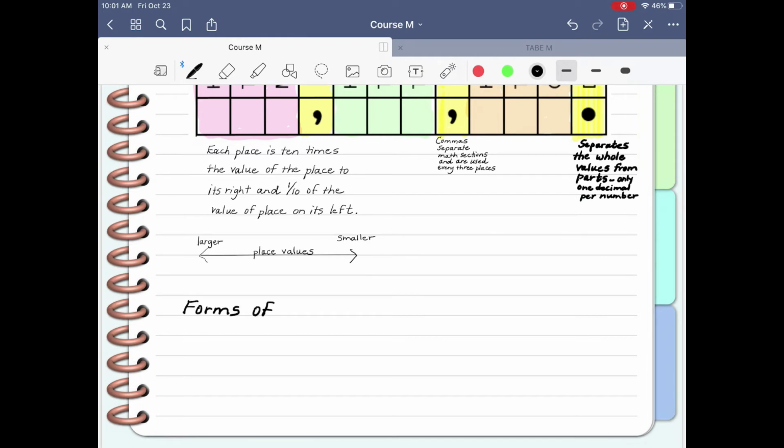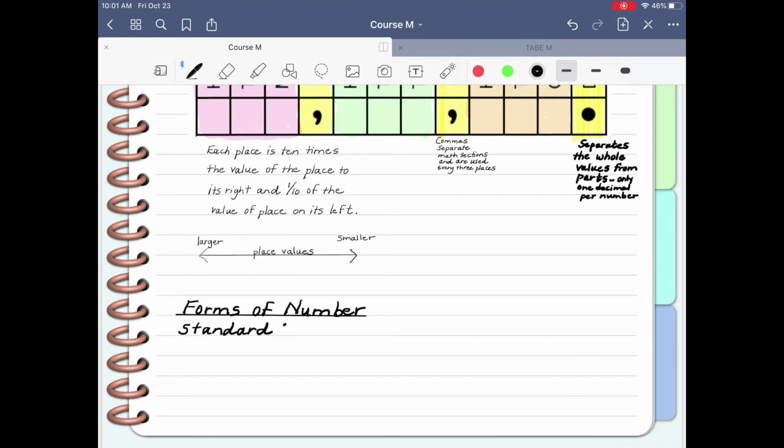And there are 4 basic ones that we can use in math. I'm not going to talk about one of them today. I'll tell you what it is, but we're not going to go that far yet. We're not quite there. First form I want you to know about is standard form.